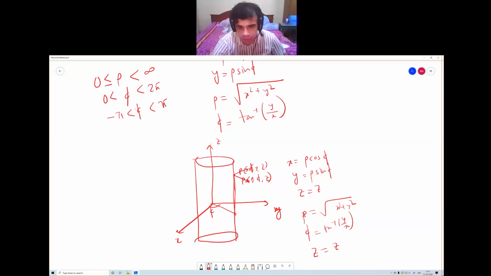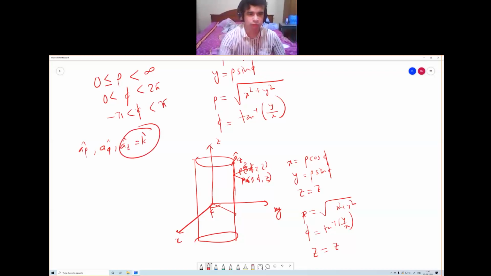And the unit vector along z is simply k. If we denote these unit vectors as a rho, a phi and a z, then how to find them? A z is k, so this is known.